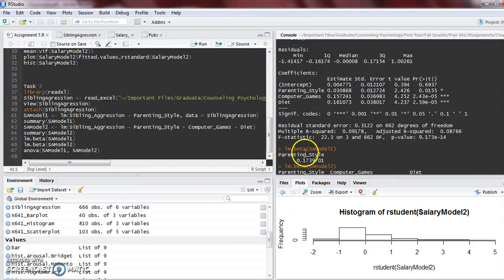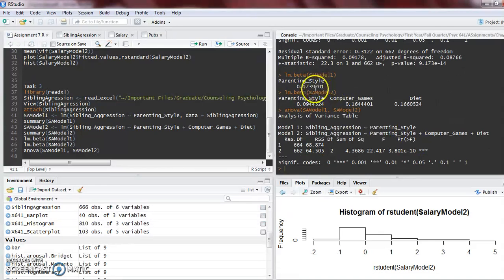So I ran the lm betas, for both of them actually. When we ran them, it tells us the importance of our variables.